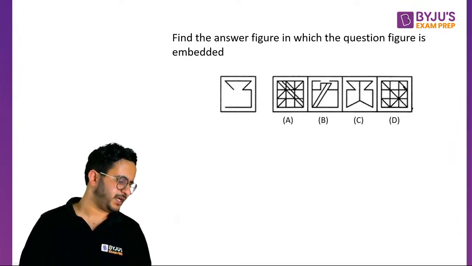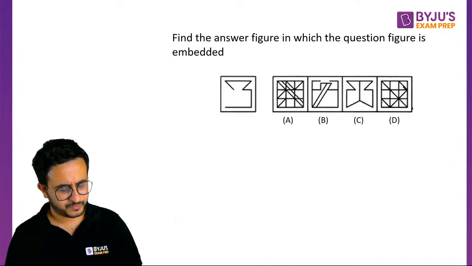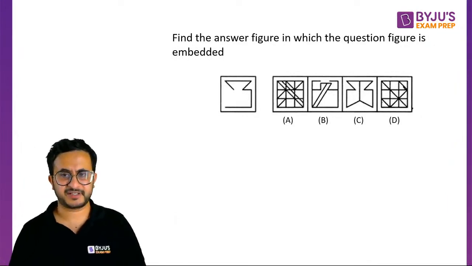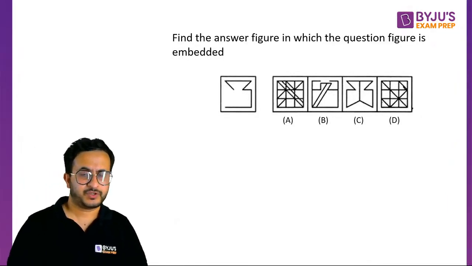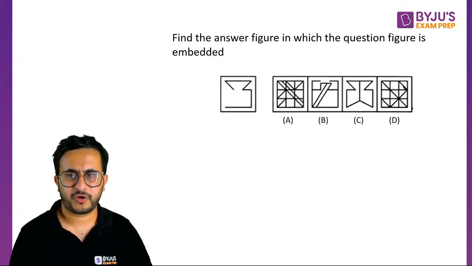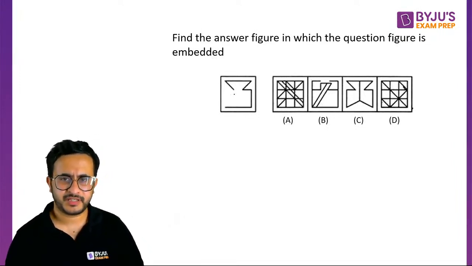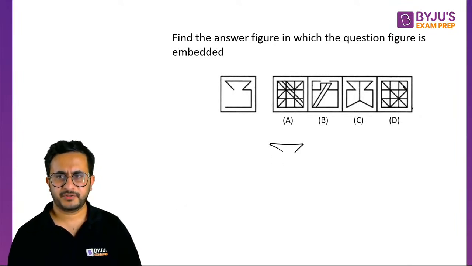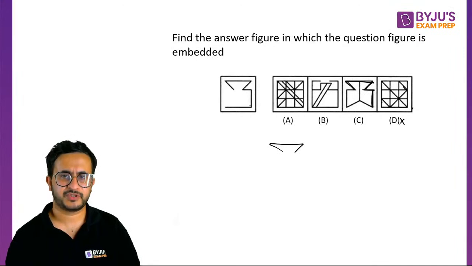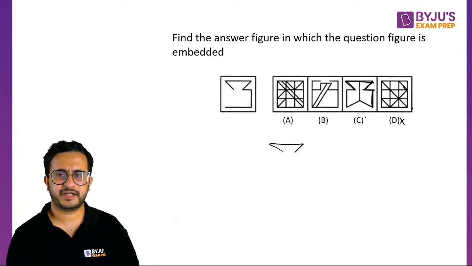For this part, abstract reasoning, you need to be good with observations with geometrical figures. So let us check option by option. Let us start from option D. We should have something like this on top, right? We do not have any line coming from this side, so we can eliminate this. We see this part on the top, right? This part is also there, this part is also there, but there should be one straight line on the bottom, which is missing here.